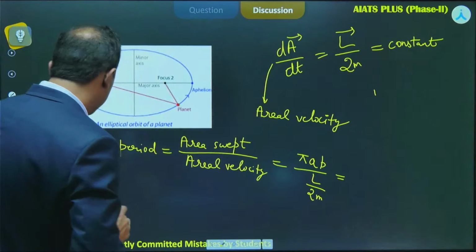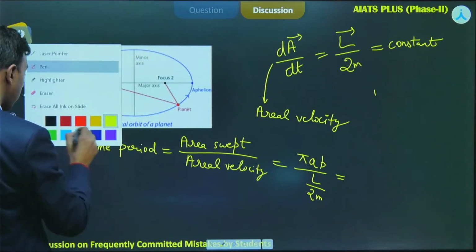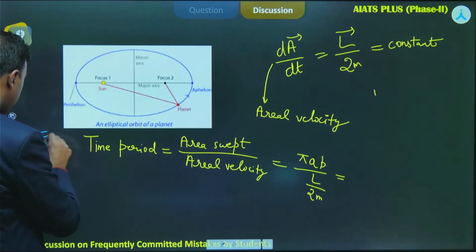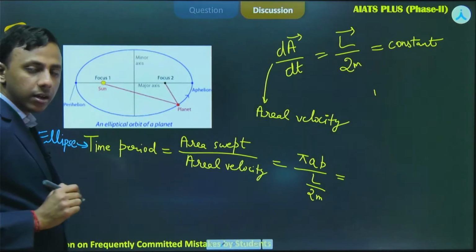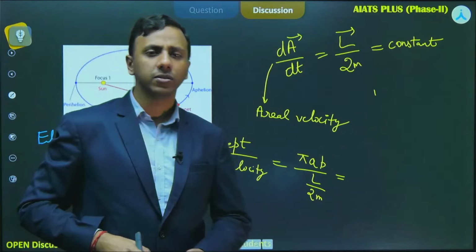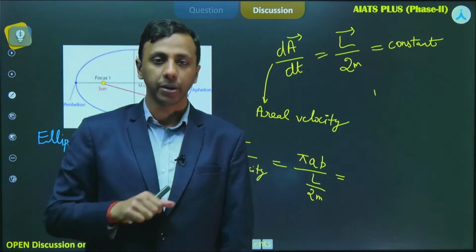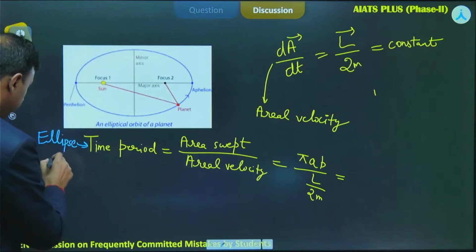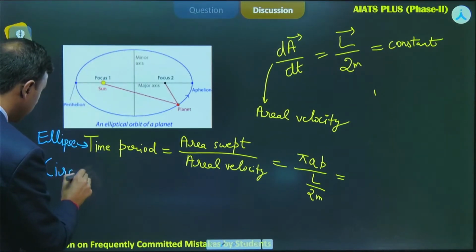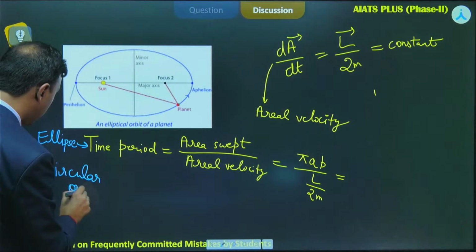All right. Now this we wrote for an ellipse. Now let's say what happens if this satellite is revolving in a circular orbit. Then what will be the formula for time period?